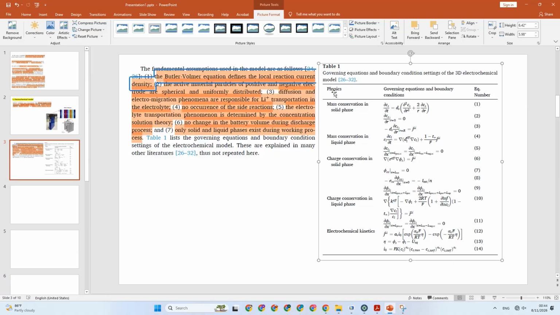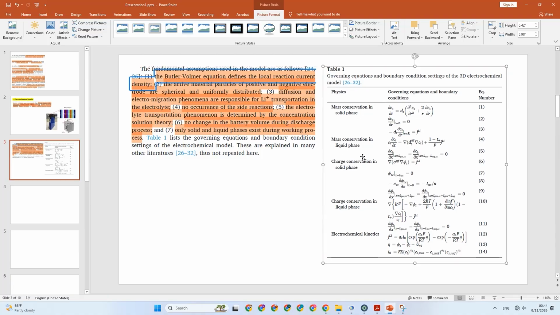These are the clues that will help us get closer to the solution and solve the problem. These are good clues. Here we can see mass conservation in the solid phase, charge conservation in the solid phase.